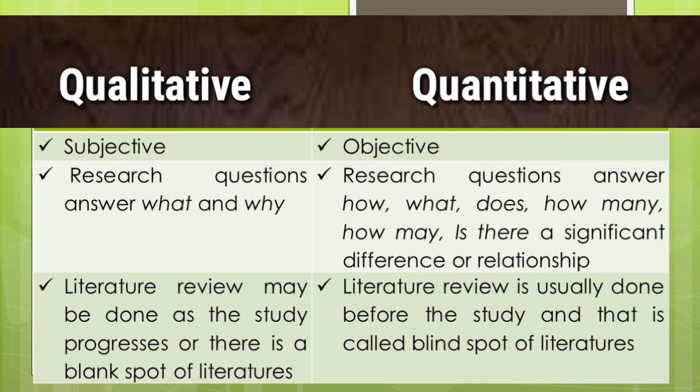You answer research questions like how, what, thus, how many, how may, is there a significant difference or relationship? And the literature review is usually done before the study, and that is called the blind spot of literatures.